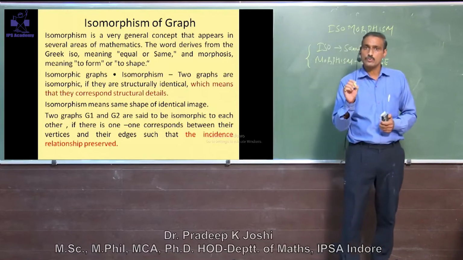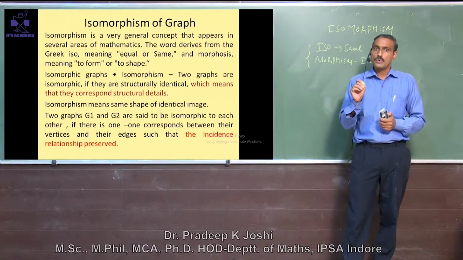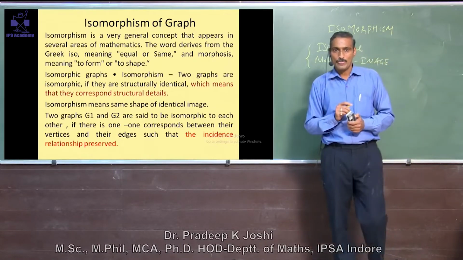When we are finding the isomorphism of graphs, we have to find the corresponding structural details of edges and vertices.